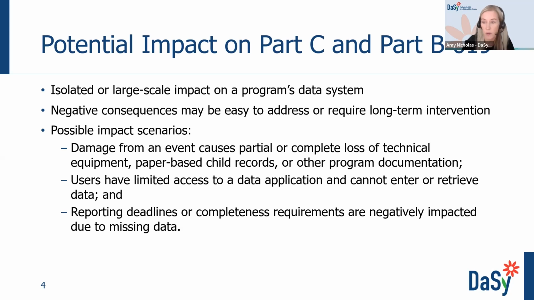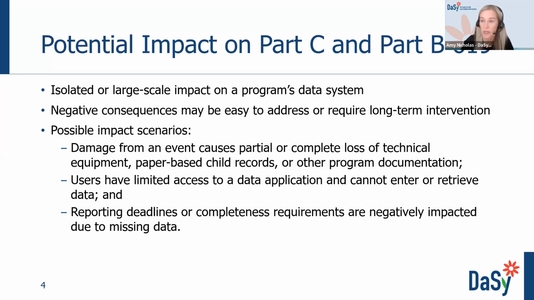All sorts of reasons why people can't access the application to do what they need to do, to be able to enter or retrieve the data that they need. Reporting deadlines or timelines could be missed. This could be either an inability to get the information you need to generate the required reports, or you're missing timelines in terms of entering needed data for those reporting needs, or maybe it's a disruption where providers can't get in touch with children or families to deliver services.